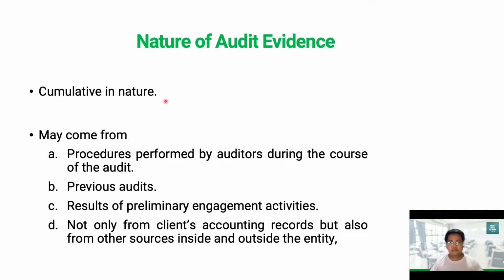But because it is cumulative in nature, audit evidence can also come from the results of our previous audit. For example, if we have audited the client in the past and the conditions remain the same, with no significant changes, the information we got from our previous audit can also be used in our current audit.